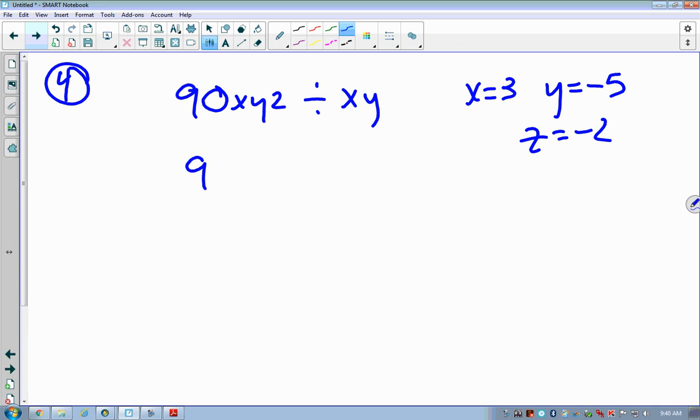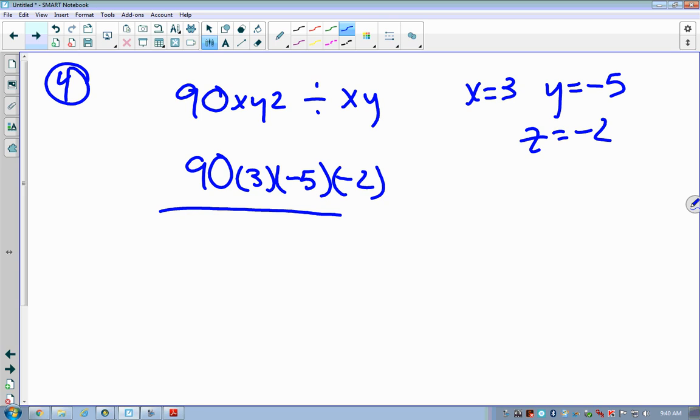What should you use for all your variables? Parentheses. So we have 3, negative 5, negative 2, divided by 3 times negative 5. So I need to go across the top.